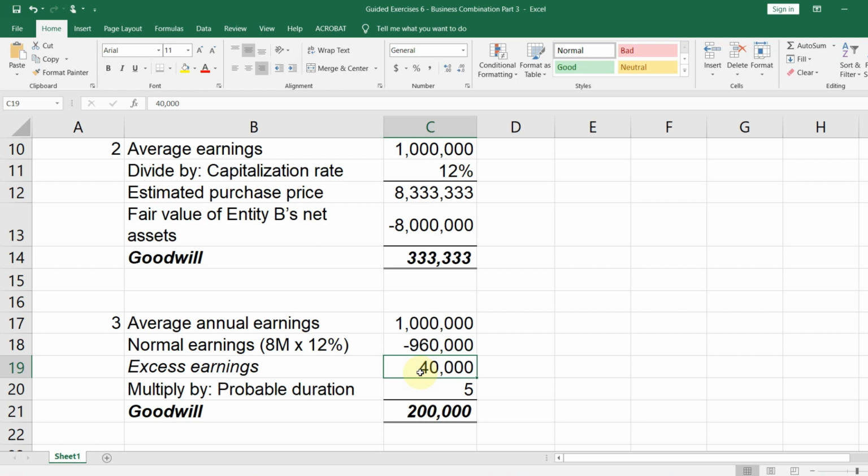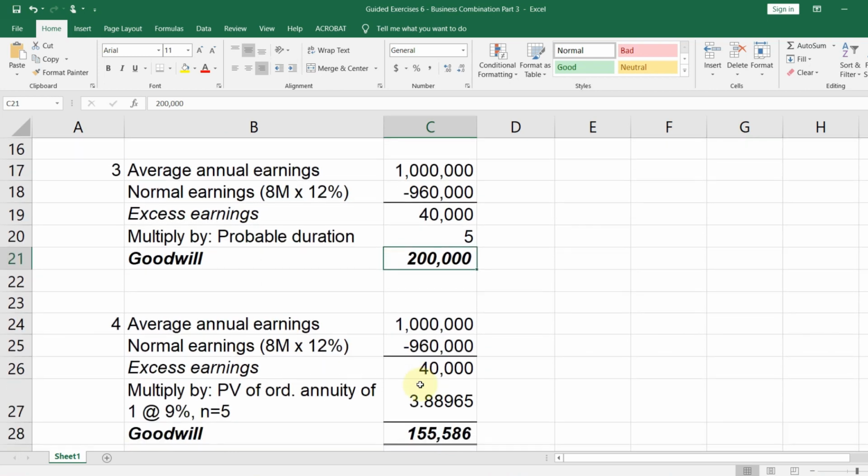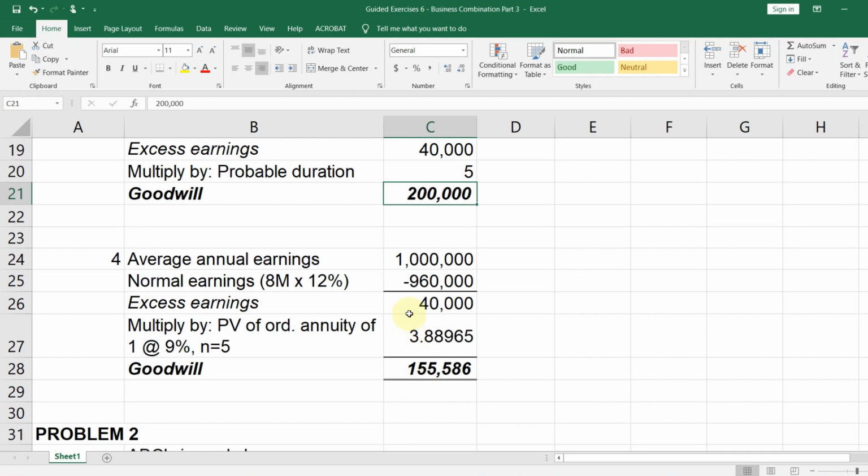So undiscounted, wala tayong problema. Multiply mo lang yung excess earnings sa expected duration of 5 years, then you'll get goodwill of 200,000. Okay? Madali lang siya, just have to follow the narration of the problem. Next, the last one.